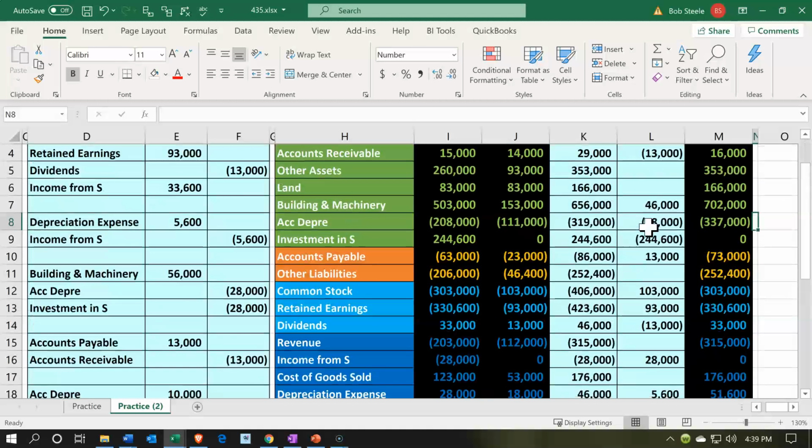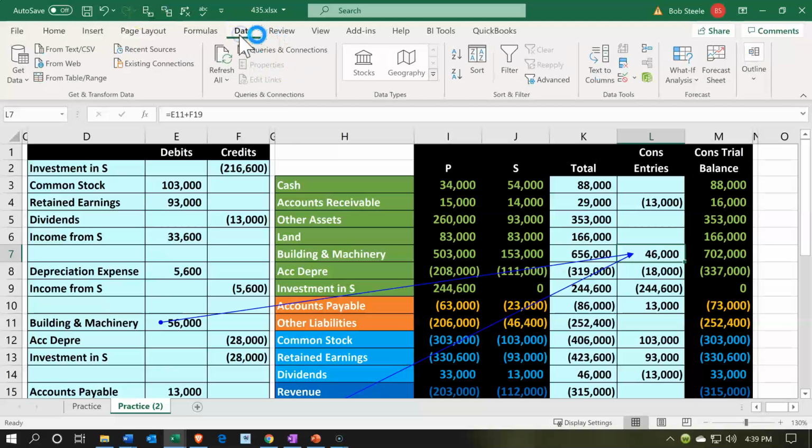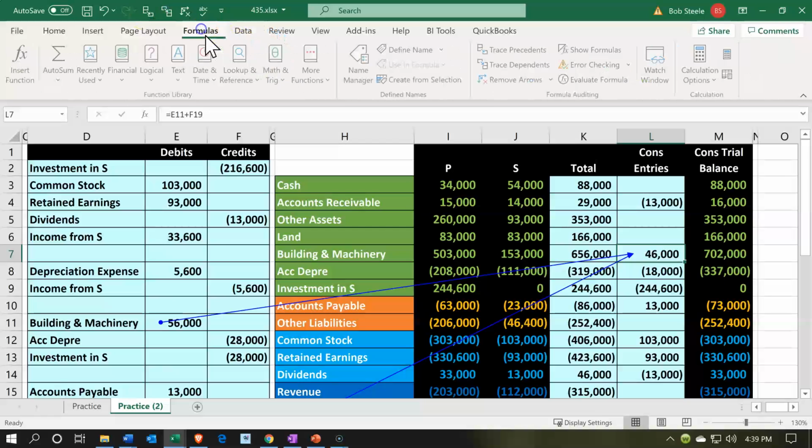And there is the end result. So if we just go through this, we remove the intercompany transaction. Machinery and equipment has been adjusted for the fact that we had the fair value adjustment, and also for the fact that we adjusted the beginning balance. So these little items up here are useful to use, and those are in the data over here, and actually they're in formulas, and then these are the tools.